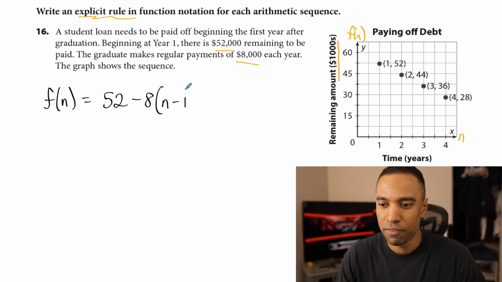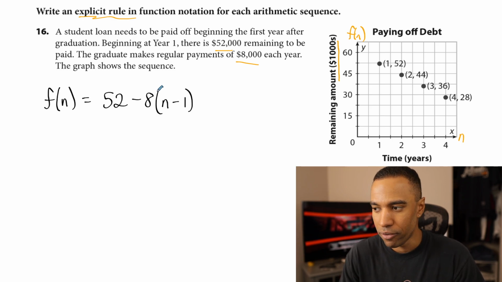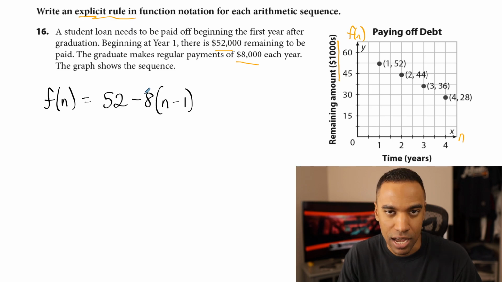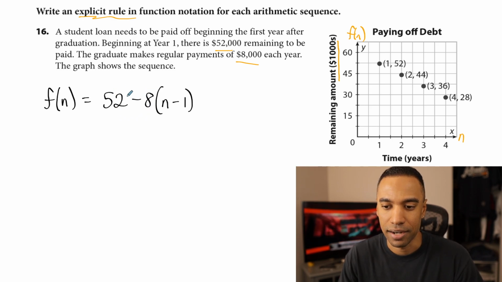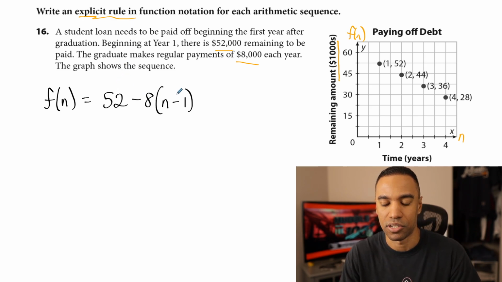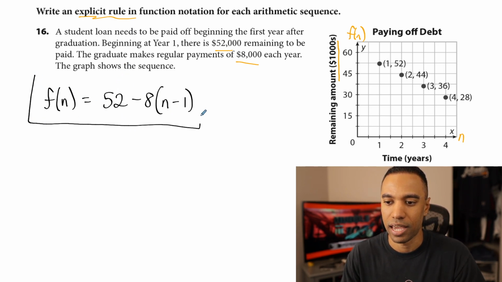But to find the very specific year that I'm looking for, if I wanted to find it after year 6, I would only subtract 8 5 times. Because again, I'm already on the first year when I say 52. So I just got to subtract it 5 more times to get to 6. So that can be the function right there.